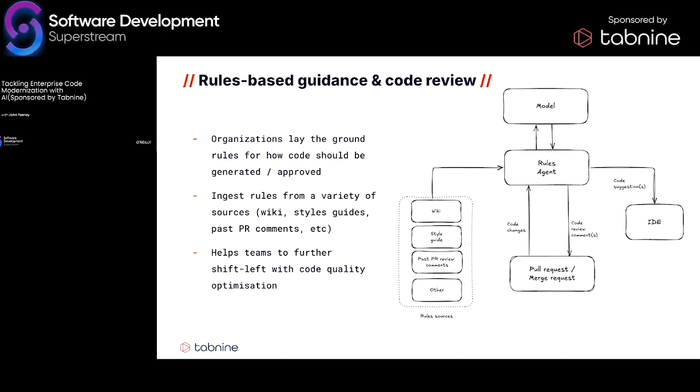And we also want the code review agent, if you want to call it that, to use these rules when the user has pushed code into a feature branch or into a pull request, to ensure that the code quality is of the required level, right? So it's going to be some level of enforcement as part of CI.